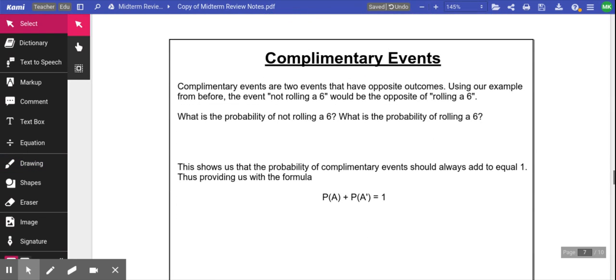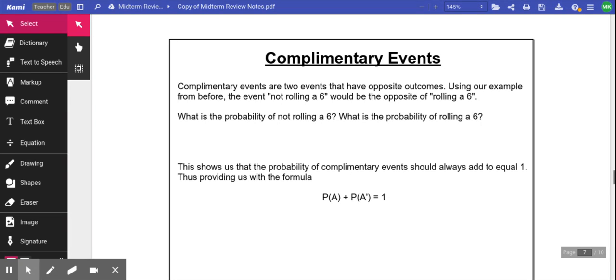Complementary events. We talked about this a bit yesterday. Complementary events are opposite events, right? So the opposite of rolling a 6 is not rolling a 6. The opposite of being in English is not being in English. The opposite of passing math class is failing math class. Complements are opposites. The thing with probabilities and complements is that when you add two events that are complements together, it should equal 1, because that means there's a 100% chance of it happening.